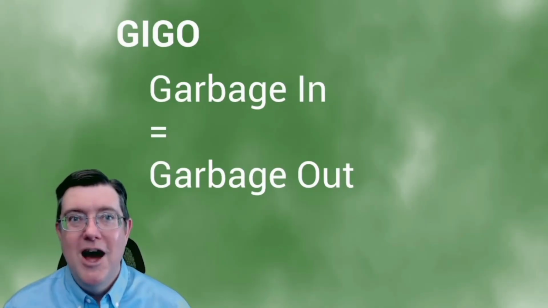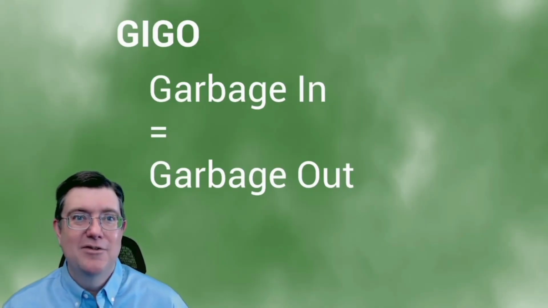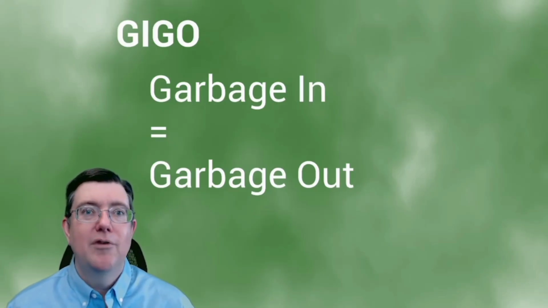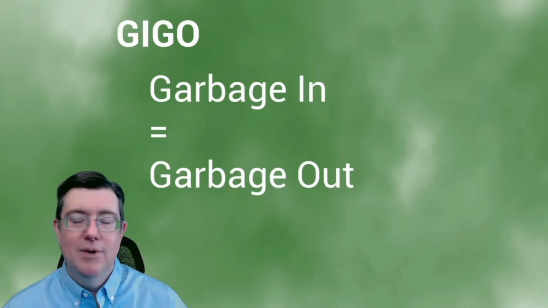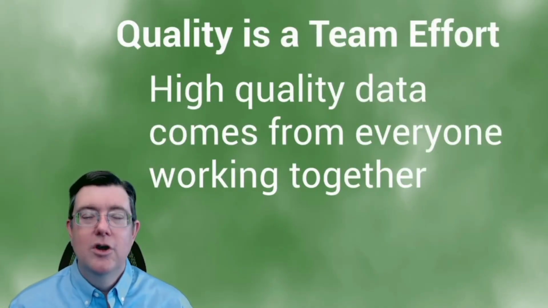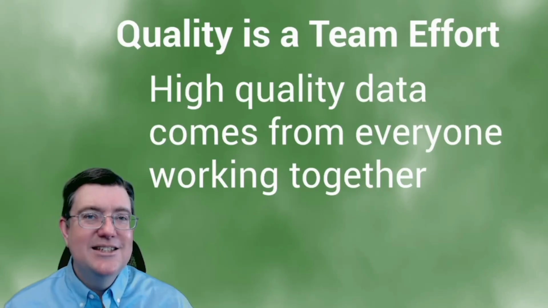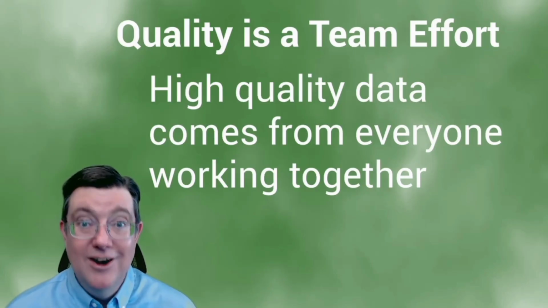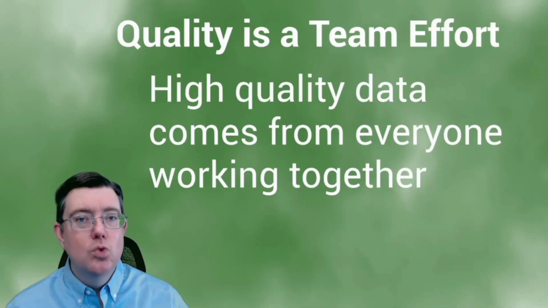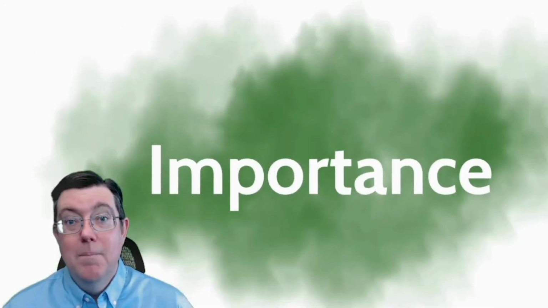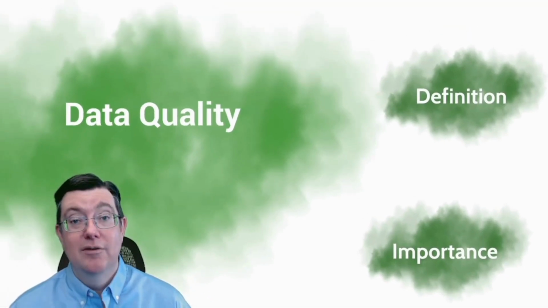GIGO is one of the most common little acronyms that we see in these kind of things, partly because it's kind of funny, but also it's so important. If I'm doing a bunch of data analysis and my data is garbage, the analysis is also going to be garbage. Quality is a team effort. High quality data comes from everyone working together, inclusive teams working on data to improve programs and to build better outcomes for children and families.